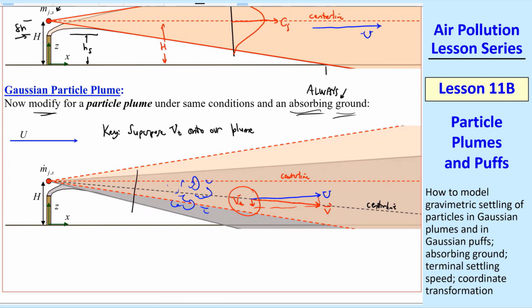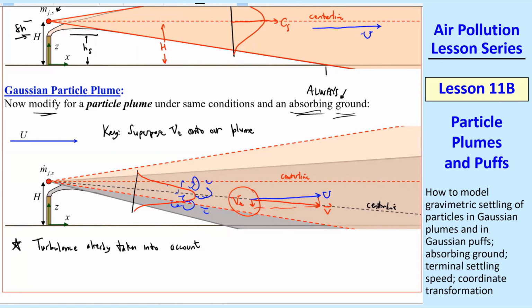At some cross-section through this plume, we still have a Gaussian, but it's tilted a little bit down like I draw there. But normally this angle is really small because as you've calculated, vt is typically really small compared to capital U. Note also that turbulence is already taken into account by our dispersion coefficients, sigma y and sigma z.